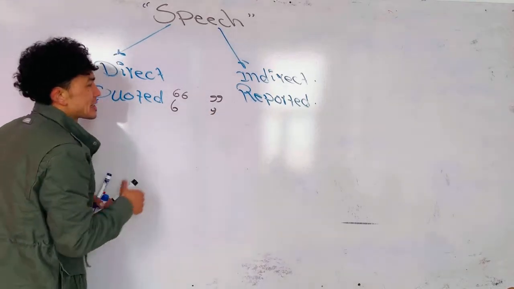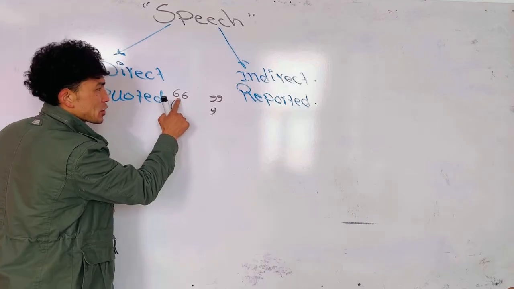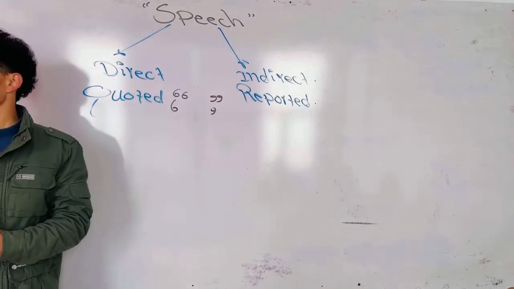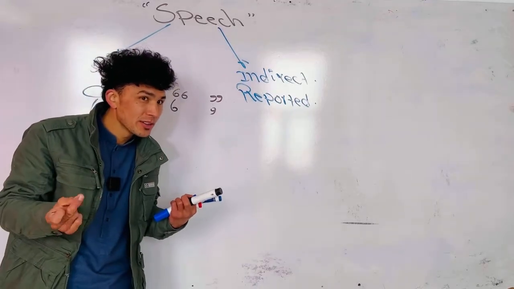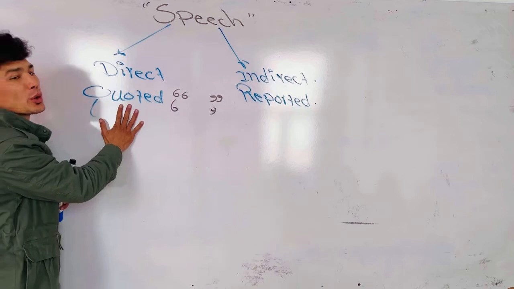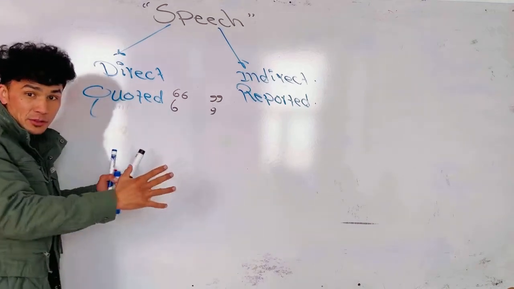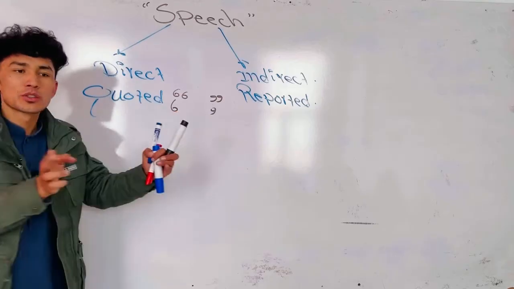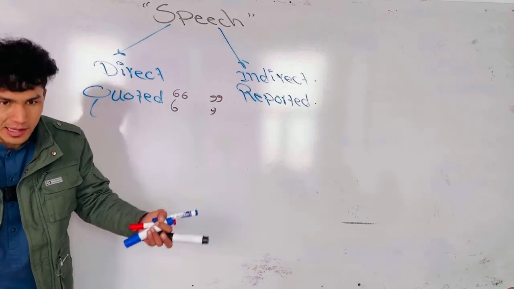The shape in American English is double quotation mark, in British English single quotation mark. There is no difference in use. Do you understand? Therefore, it is called quoted speech. Because you have to enclose somebody's speech inside of these two marks in a sentence.